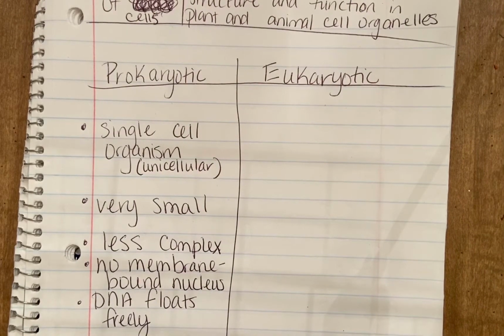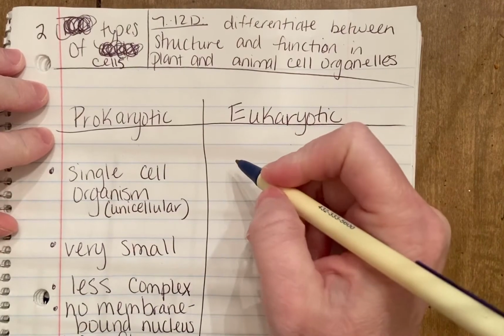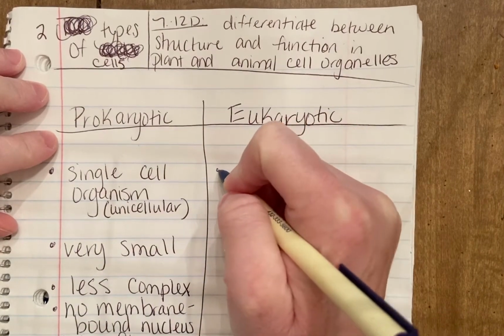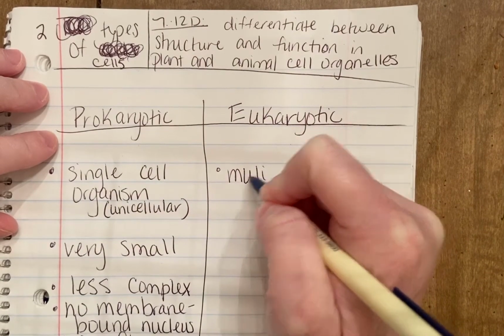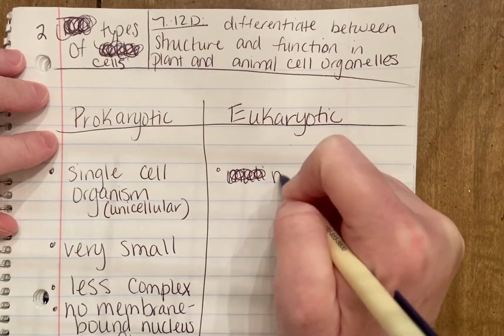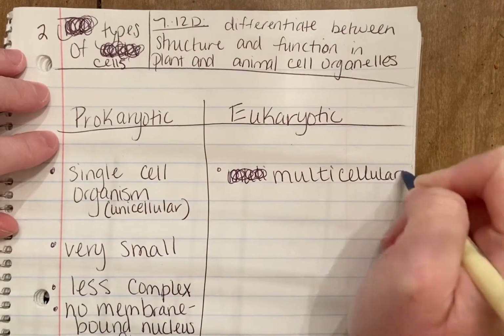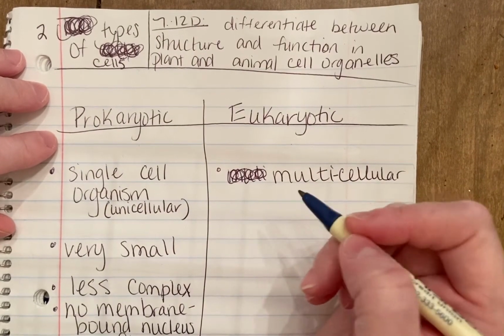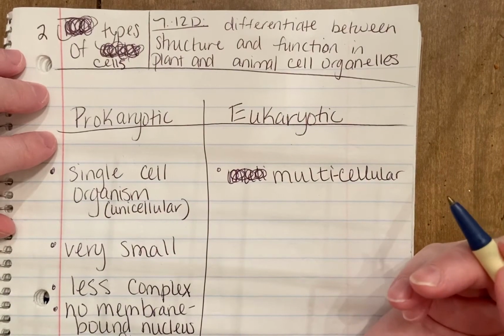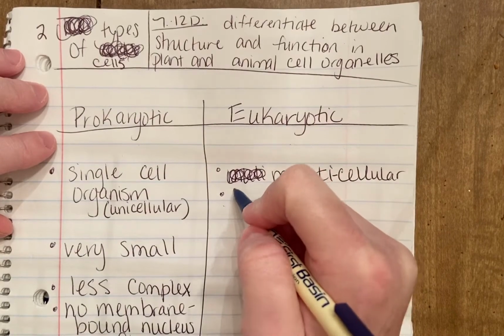All right, so let's talk about eukaryotic cells now. Eukaryotic cells are composed of, I misspelled that, multicellular. So there are many cells. We are composed of many cells, so we are composed of eukaryotic cells. They have organelles.